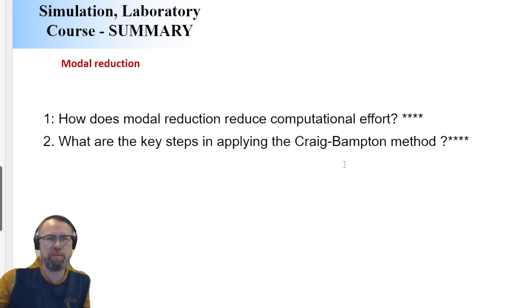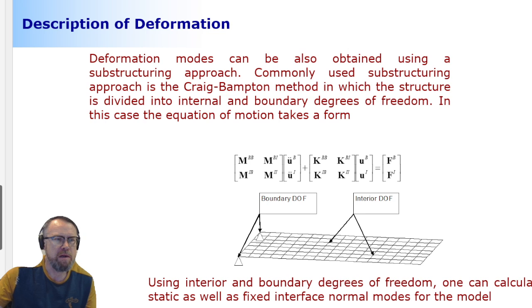What are the key steps applying the Craig-Bampton method? Craig-Bampton method works like this. You are taking your finite element model, like the plate structure here. You are dividing your nodes into boundary degrees of freedom and interior degrees of freedom. Based on this selection, you reorganize your mass and stiffness matrices, and you conduct 2 different kinds of modes.